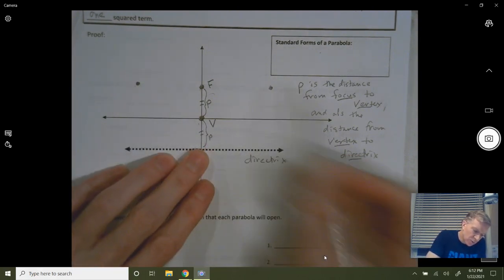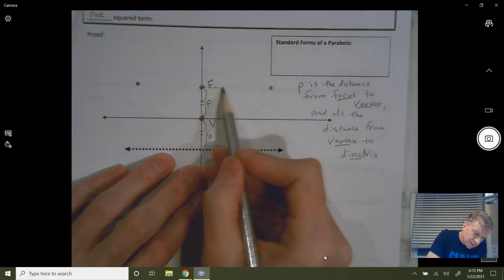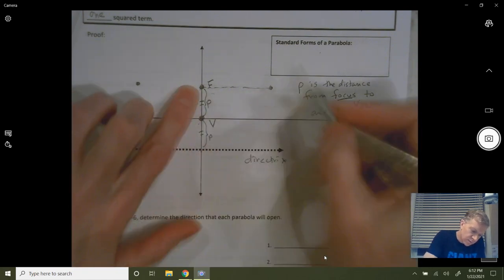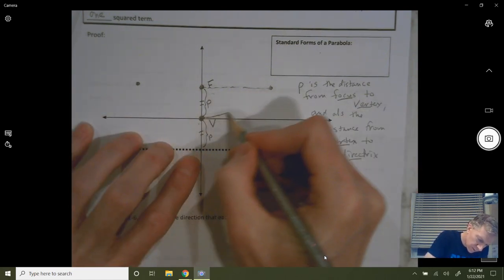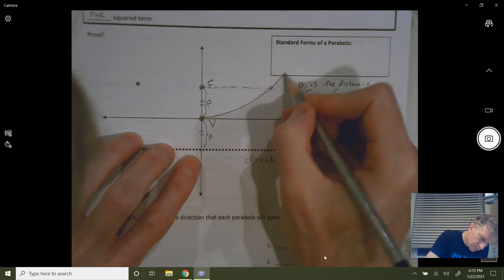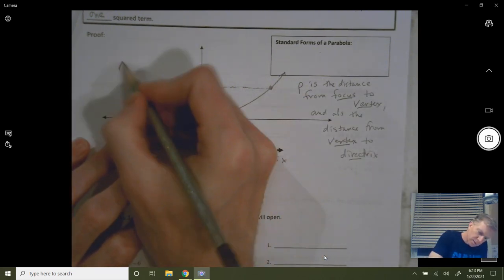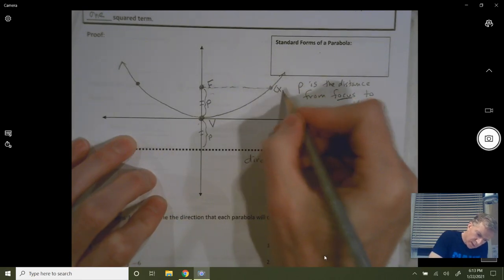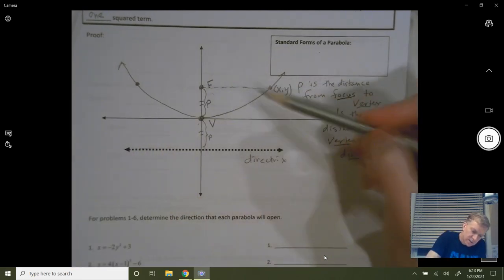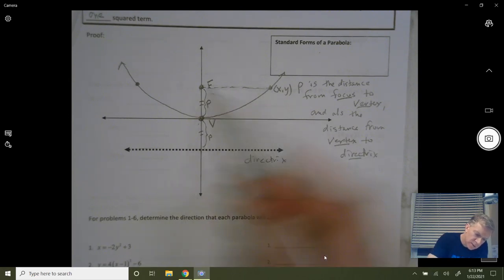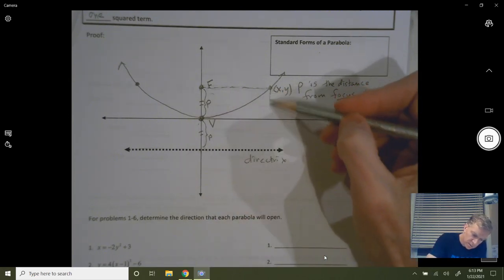Now notice, you will make a square here, because for this point on your parabola, x comma y, any point x comma y, the distance to the focus has to equal the distance to the directrix.